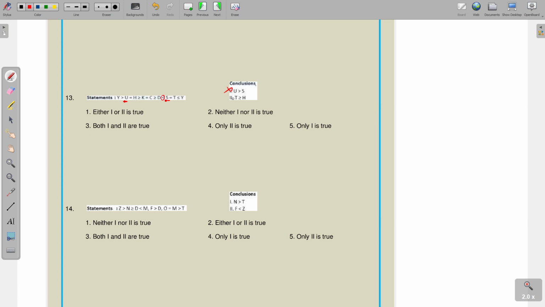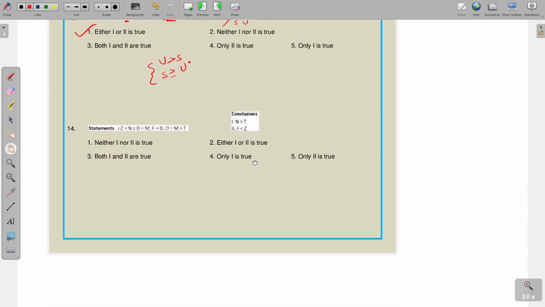Instead of t we can write s also, because t equal to s. Instead of h we can write u also. So the first one does not follow, the second one does not follow. The first one is u less than s, the second one is s less than or equal to u. So both are a complementary pair, so either 1 or 2 follows. Either 1 or 2 is true.